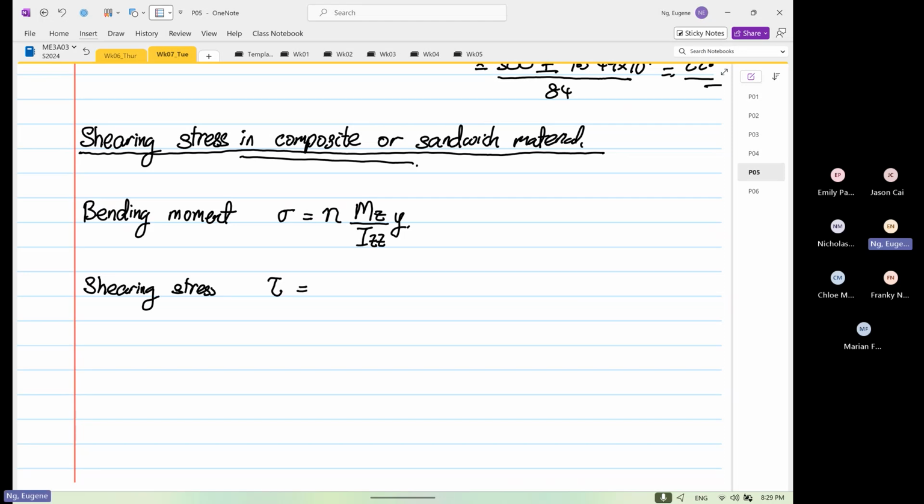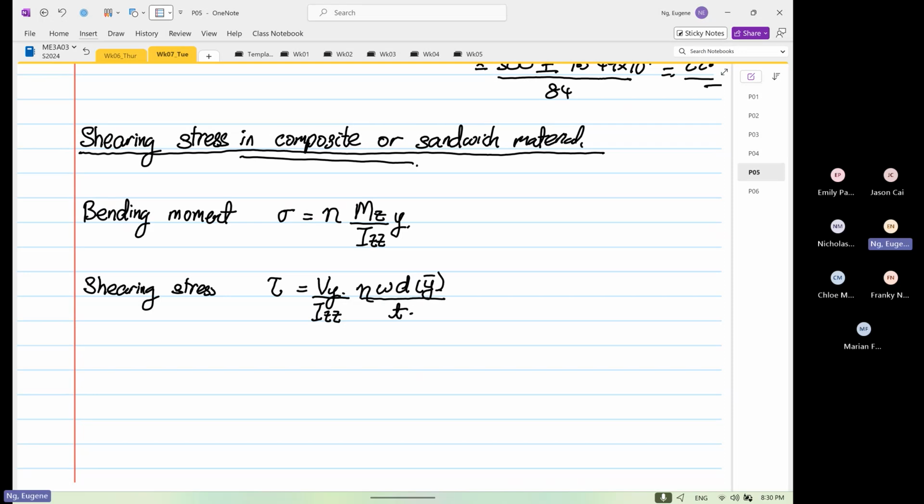So our shearing stress, now you have Vy over Izz, then you have your N multiplied by your Y bar, or with depth Y bar, and then you divide by your thickness.